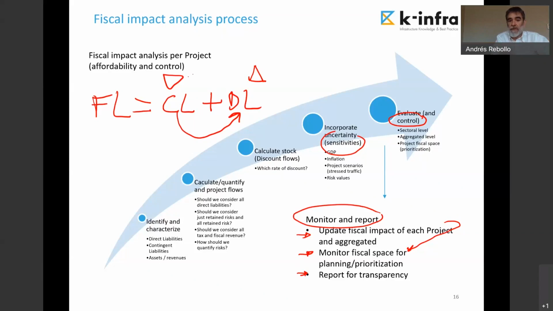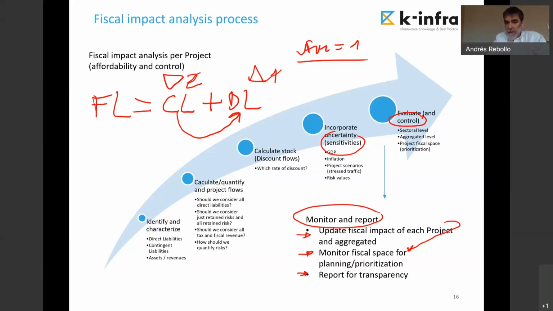For example, the value for me of a risk is 2, but if I transfer that risk, the increase in the direct liabilities is only 1. So value for money is 1. That means that we have saved $1 in terms of fiscal space.